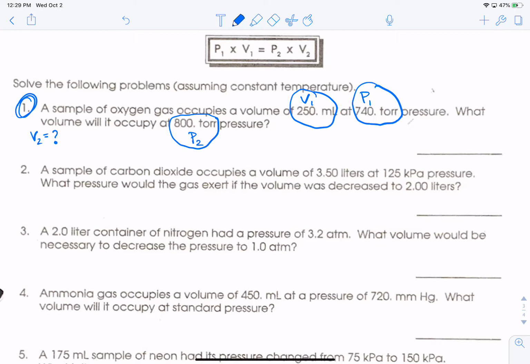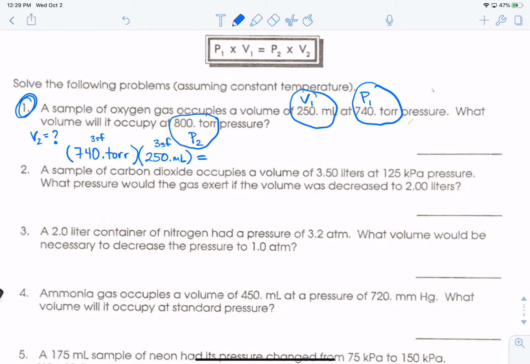So let's go ahead and plug it into the formula. P1 is 740 torr. Notice the little decimal means that it has 3 sig figs. Let's do that now. And our V1 is 250 milliliters. 3 sig figs there.